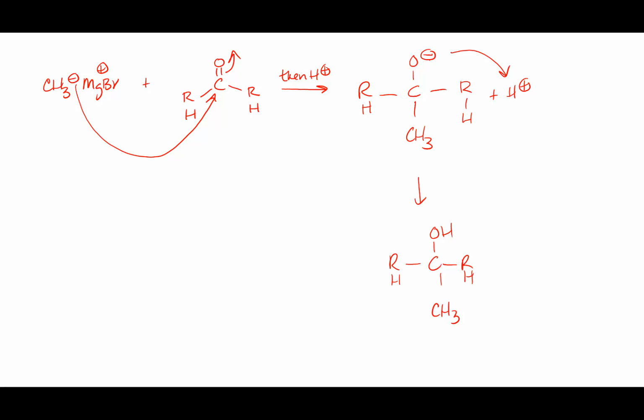In the book, the idea here is we can start thinking backwards, which we'll do here in a minute. They'll say, if you want to make a primary alcohol, use formaldehyde, two H's attached to the carbonyl. If you want to make a secondary alcohol, use an aldehyde and a Grignard. If you want to form a tertiary alcohol, use a ketone and a Grignard. But honestly, it's the same reaction.